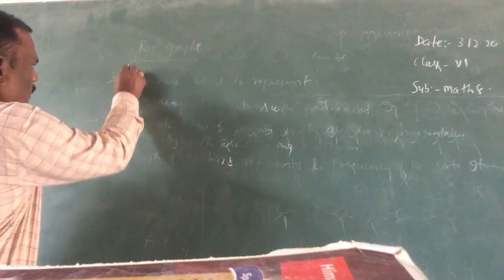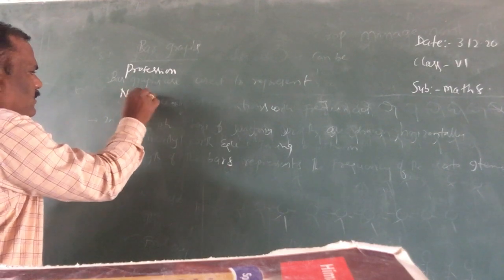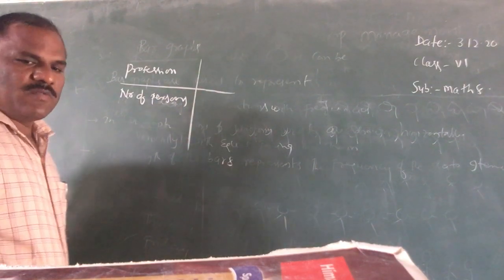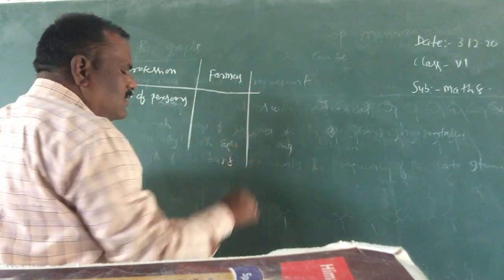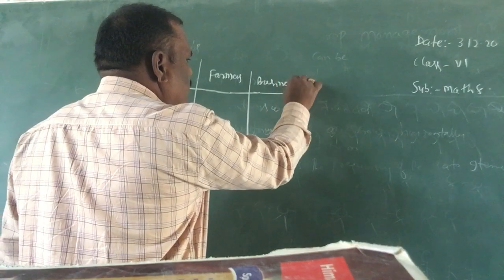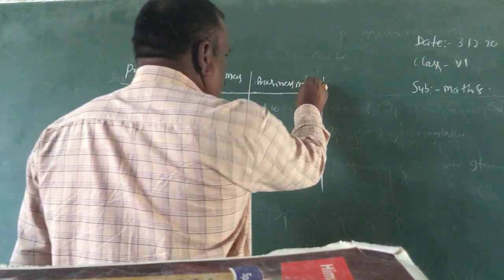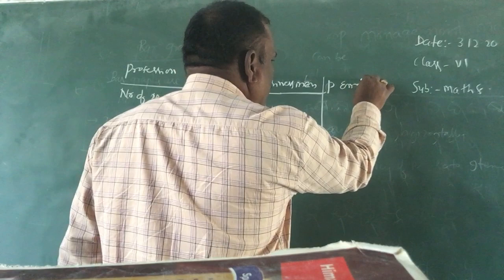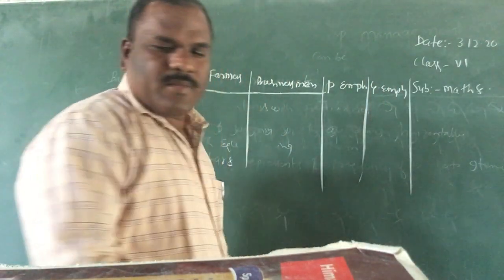Profession and number of persons. First profession, farmers. Number two is businessmen. Number three is private employee. Number four is government employee. Number five is laborers.